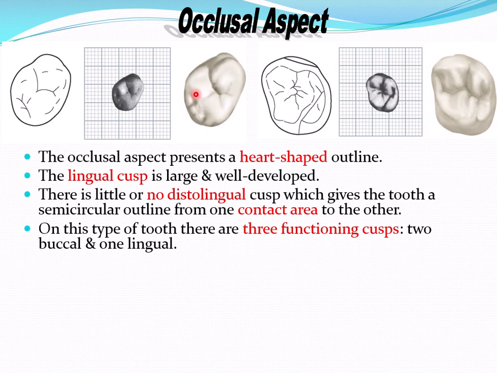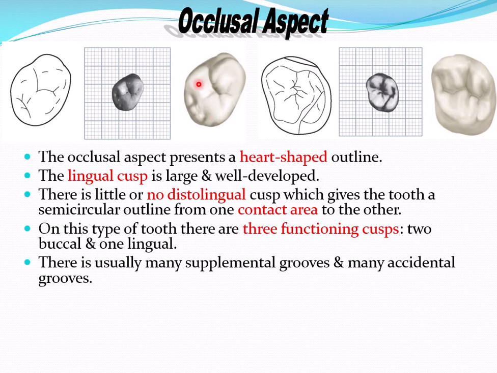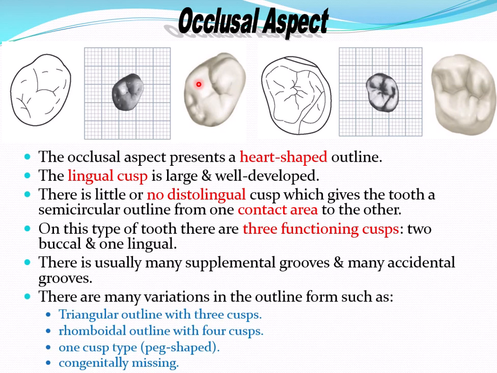Here we have three functional cusps: two buccal, mesiobuccal and distobuccal, and one lingual. As I explained, among the changes when we move from the first to the third molar are more supplemental grooves and more accidental grooves.